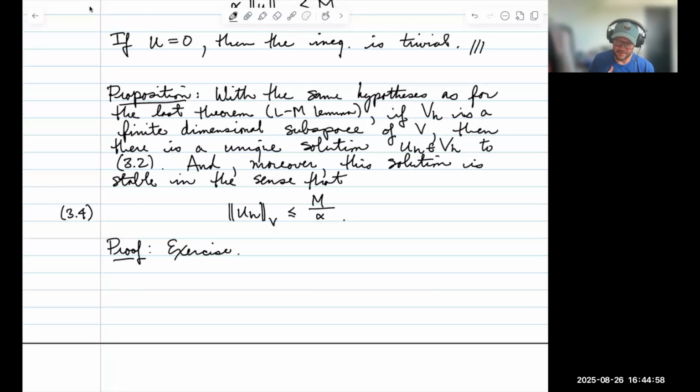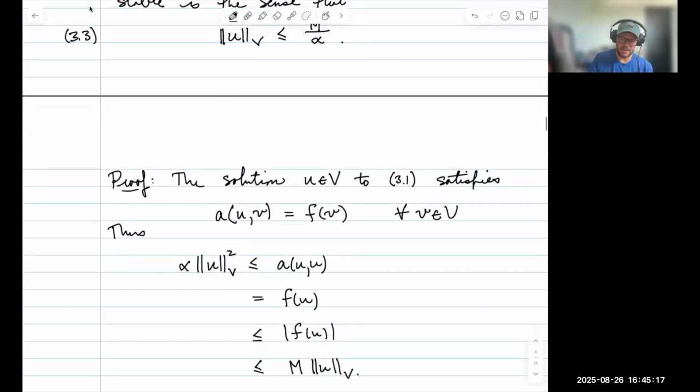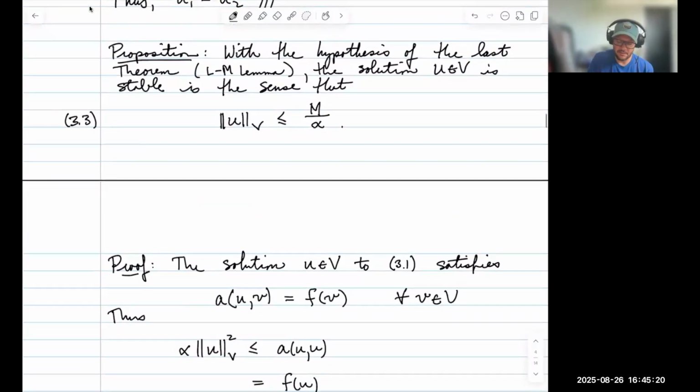The Lax-Milgram theorem is going to apply, and I'm going to be able to conclude for the finite dimensional subspace problem, that is the abstract Galerkin approximation, that I have a unique solution, and everything is going to be exactly the same as it was above. I can repeat all of the same calculations, but instead of doing the calculations for U in V, I'm doing them for UH in VH. All of the same calculations apply. There's nothing really different I have to do.